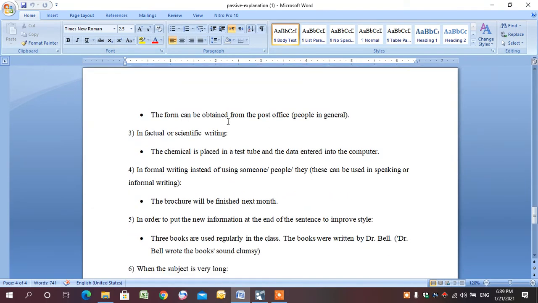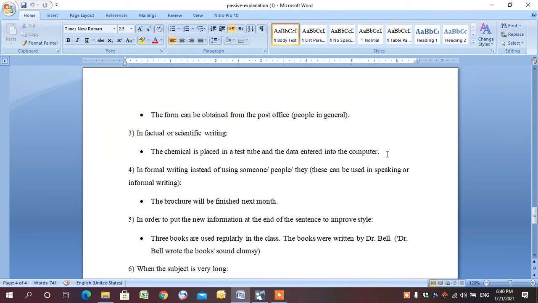The form can be obtained from the post office, people in general. So the form can be obtained from the post office by general people. So that's why we don't have to mention who did the action. So they are people in general. Or in factual or scientific writing, the chemical is placed in a test tube and the data entered into the computer.